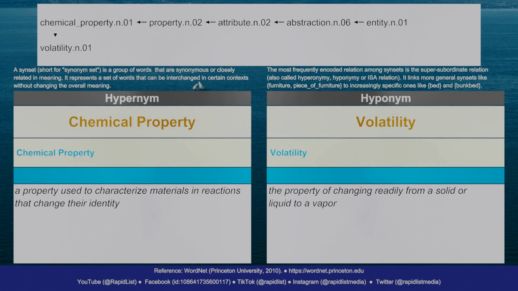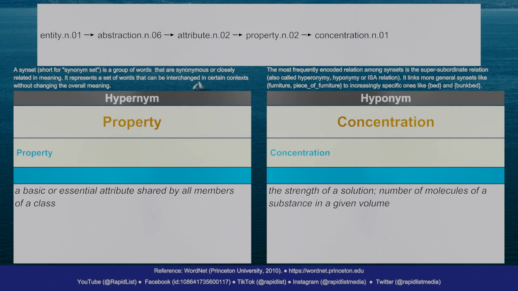Volatility. The property of changing readily from a solid or liquid to a vapor. Concentration. The strength of a solution, number of molecules of a substance in a given volume.